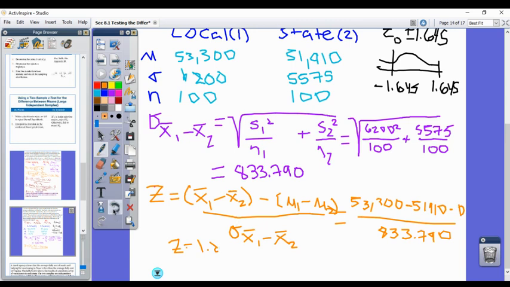Okay, so that is in between, no, it's greater. So it's here, 1.67. All right, so since it is in the rejection region, we will reject H naught.